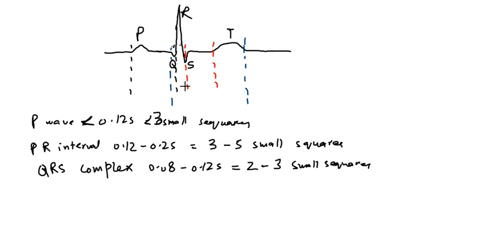QT interval is somewhere between 0.36 to 0.44 second. Anything greater than 0.5 second is dangerous. That is almost 8 to 11 small squares.